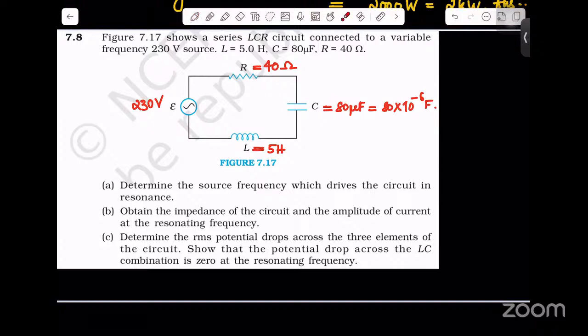Now, in the first bit, we are asked to determine the source frequency which drives the circuit in resonance. Okay. So let's approach the first bit. So at resonance, at your resonance point, you know that X_L will be equal to X_C. Okay.